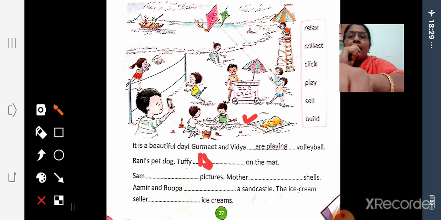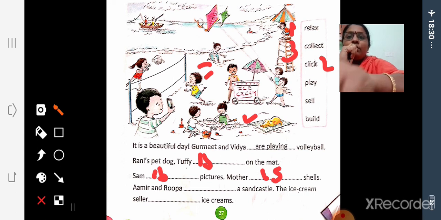Then Sam dash pictures. Sam is clicking. CLICKING. Okay. Sam is clicking pictures. Mother dash shells. Mother is collecting. Mother is collecting seashells. Here we can see mother is collecting seashells. Then Amir and Rupa dash a sand castle.